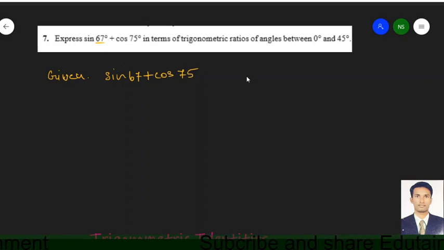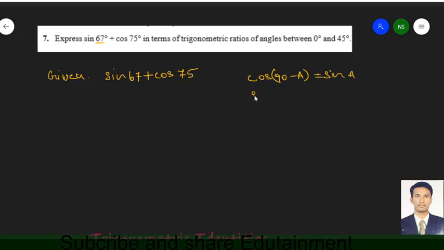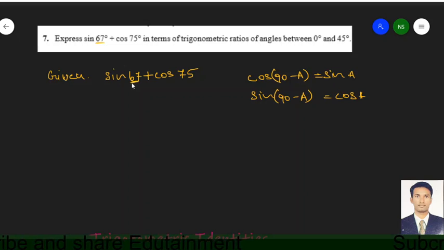I have a formula: cos(90 minus A) I can write as sin A, and sin(90 minus A) I can write as cos A. You see, 67's complementary angle: just subtract 90 minus 67, which is 23.